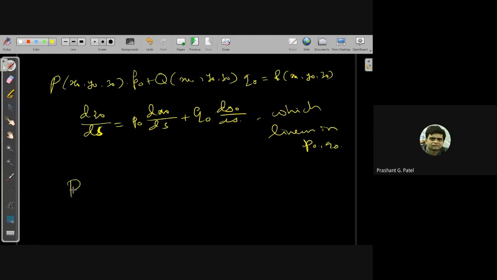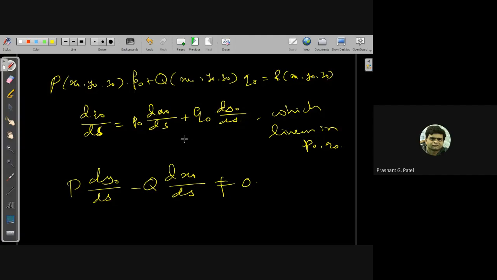Further, we are also checking that capital P dy0/ds minus capital Q dx0/ds is non-zero. Then this p0 and q0 are uniquely determined.